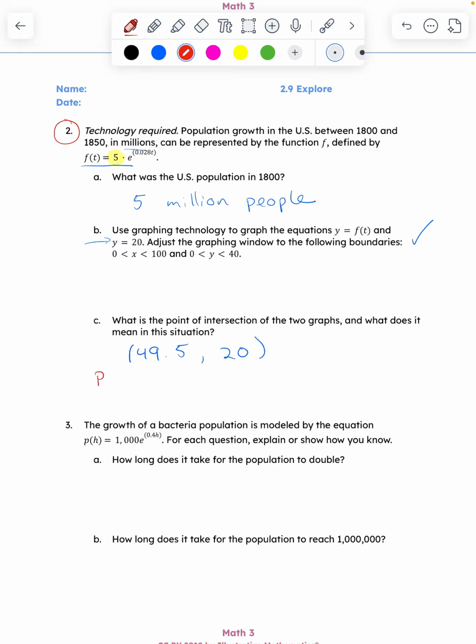So we'll say that the population of the US was 20 million. And when? Well, that's going to correspond with our x value for that point. So 49.5 years after this function started measuring our population growth. So 49.5 years after 1800, or roughly in 1849, maybe about June.